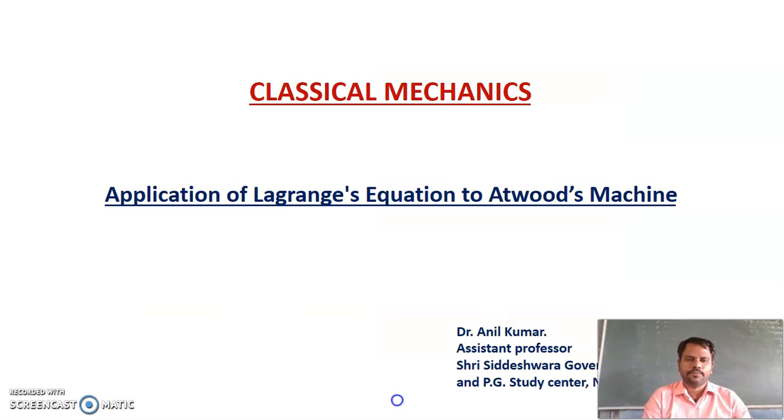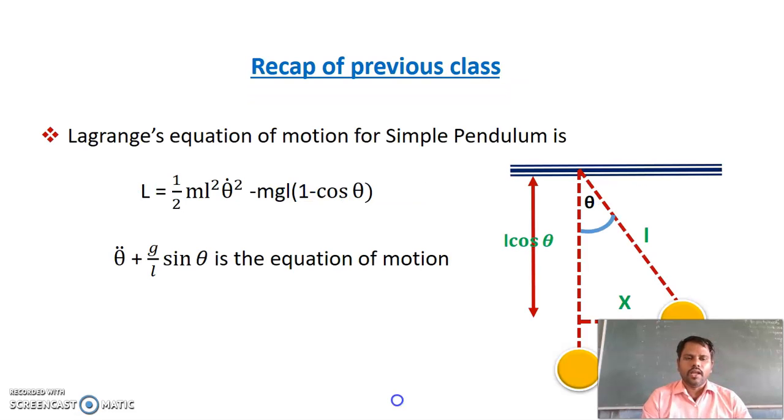In this session, we will see yet another application of Lagrangian equation to Atwood's machine. In the previous class, we applied the Lagrangian equation of motion to a simple pendulum, where the Lagrangian was found to be ml square theta dot square minus mgl into 1 minus cos theta.